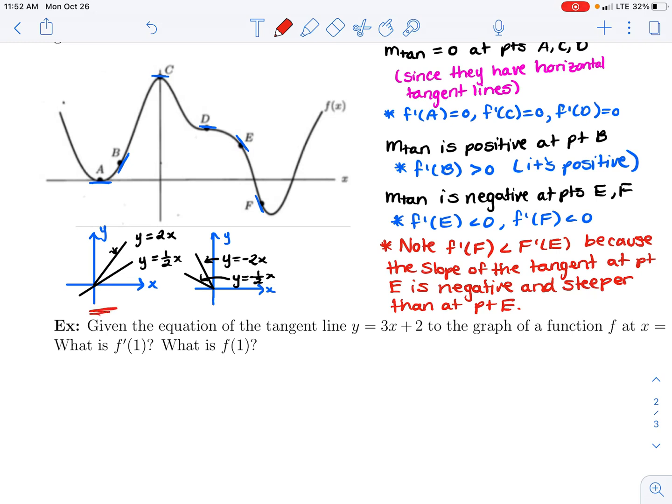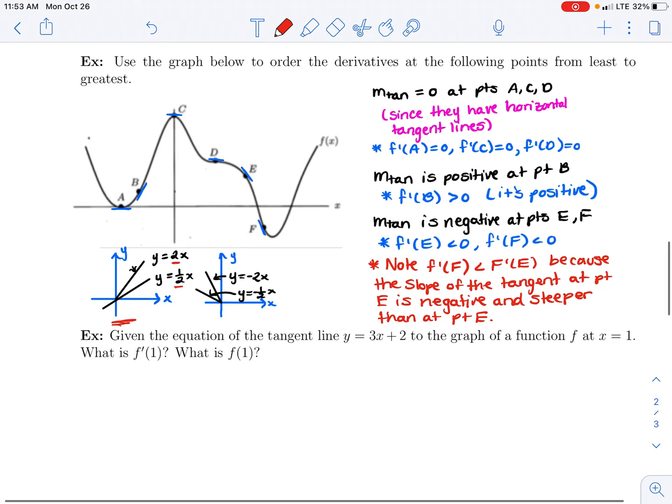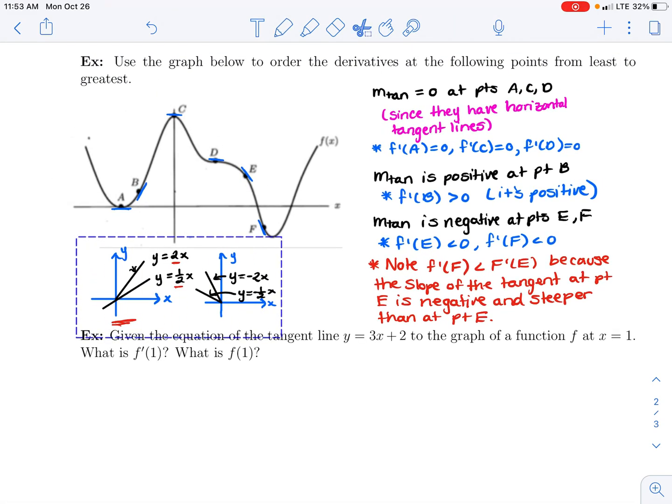When you look at this graph over here, we know that if the slope is positive and has a steeper line, then that's going to be the biggest slope, because here you'd say, well, 2 is clearly bigger than 1/2. Now if I want to order these from biggest to smallest, let's do that.